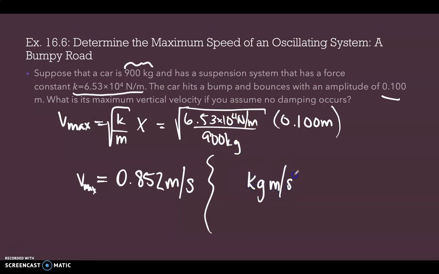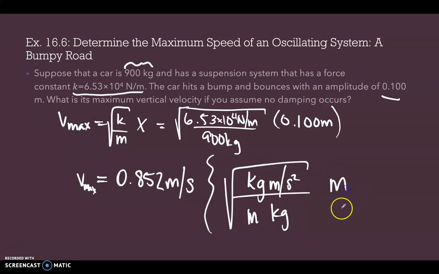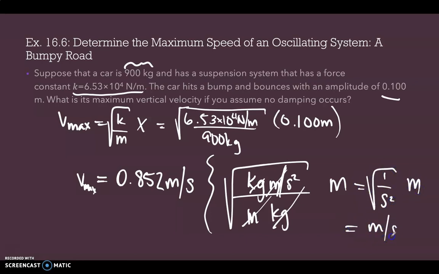Kilogram meters per second squared, and that's going to be divided by meters and a kilogram, and that's all in a square root times meters. So the kilograms cancel, the mass cancels here, and then we have 1 over second squared inside the square root times meters, which just gives me meters per second, which is good. All right, so that's going to be our maximum vertical velocity of this car.